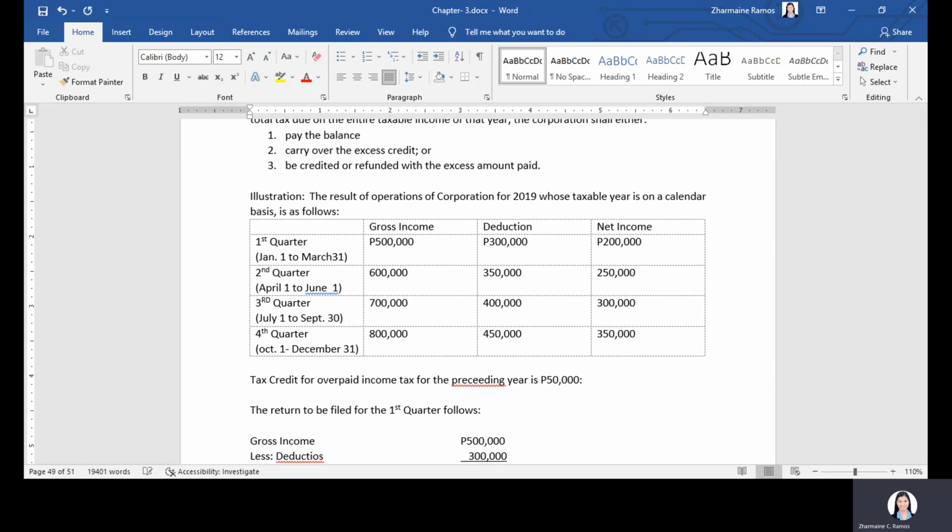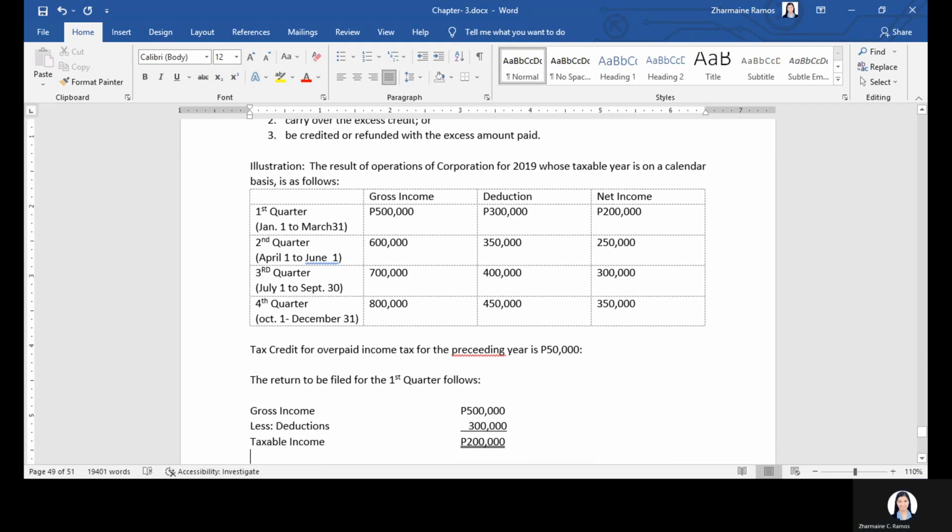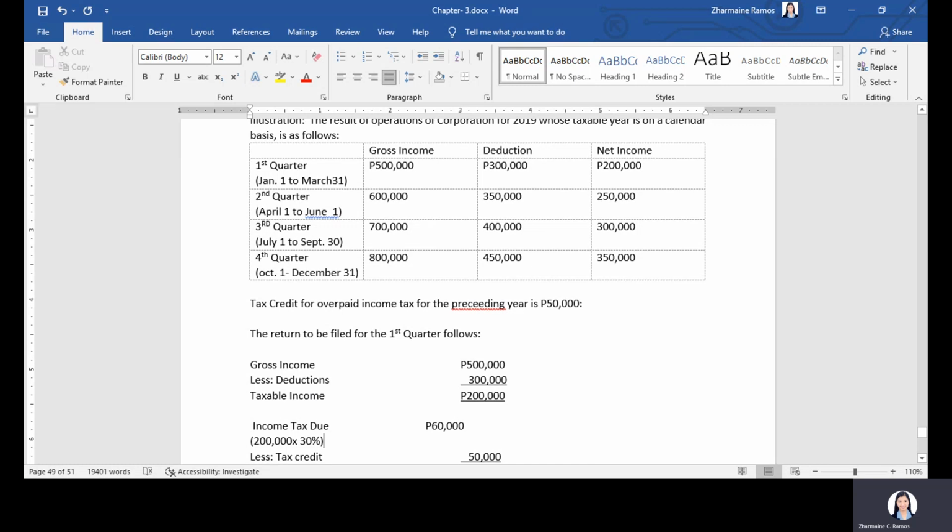First quarter. So, gross income mo sa first quarter is 500,000 less deductions na 300,000. So, ang taxable income mo is 200,000 or the net income mo yun. So, income tax due is 200,000 times 30%, so 60,000, ito kasi yung babayaran mo, 60,000.